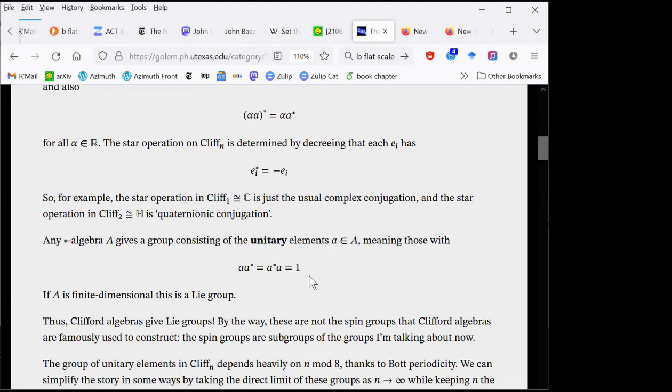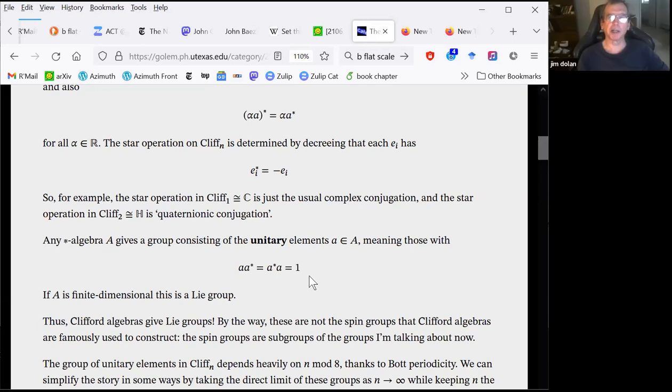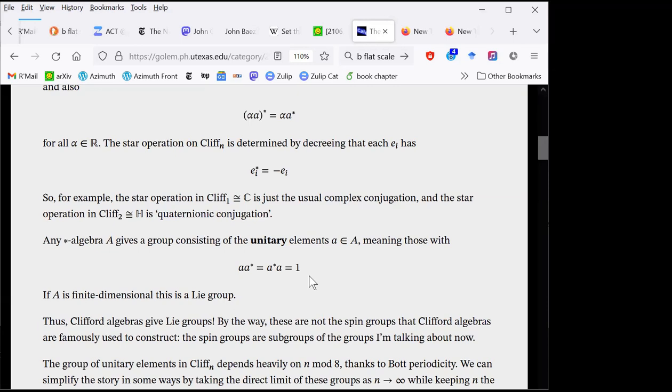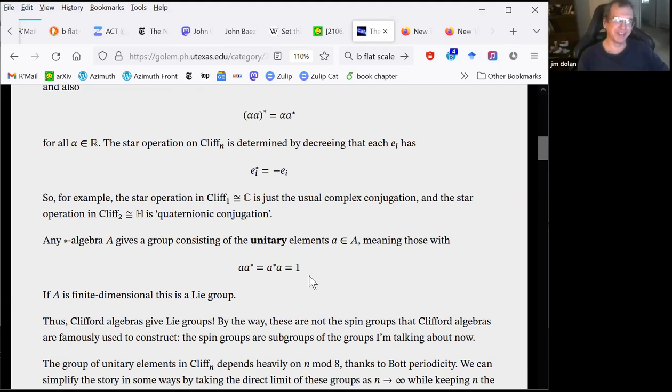Okay. I have this feeling that a star module of a Clifford algebra is something like a real inner product space with a sphere action on it, whatever that actually means.